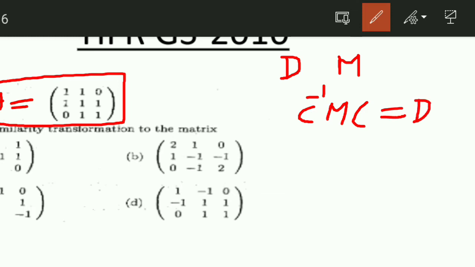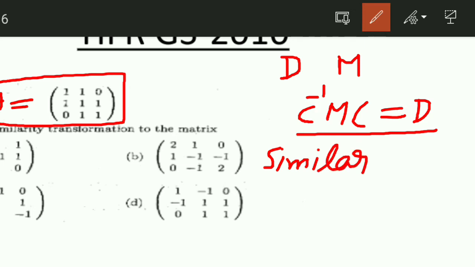If these matrices can be related through this relation, then we can say that these are similar matrices.